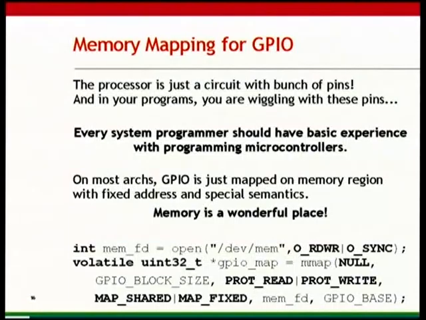But sometimes it's useful to actually be able to access the physical memory. So there is this special device file, devmem, which corresponds to the physical memory. And if you map a portion of this file, then when you access it, you will modify the contents of the physical memory.